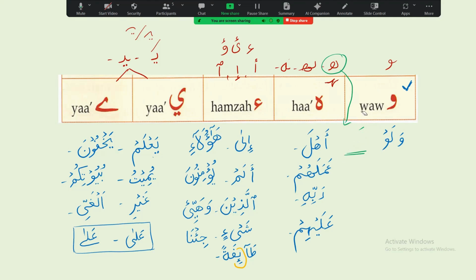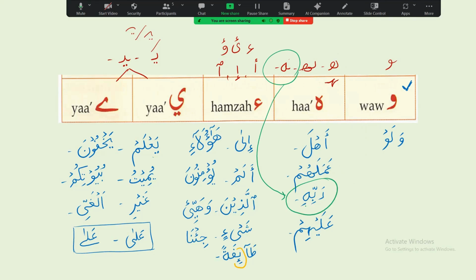When Ha comes in the middle, sisters, it will be almost the same shape as this, but with an attachment here. Amalahum. Ha letter here. Hum. Okay, so when the Ha letter comes at the end, it will take a shape like this.